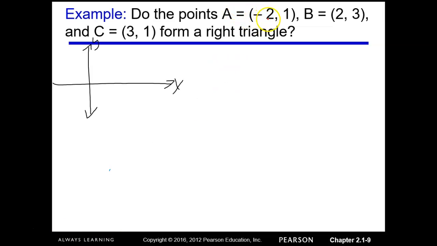Point A is going to be negative 2, 1. So let's say negative 2 is somewhere here, negative 2, 1, and this is point A. And then point B is positive 2, 3. Positive 2, 3 will go up about here.